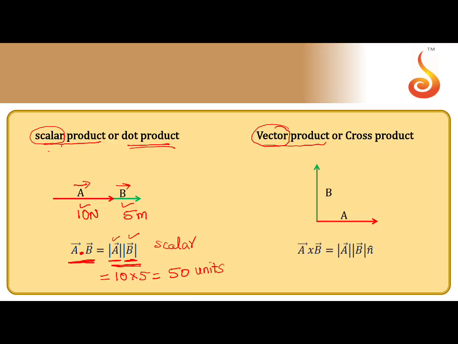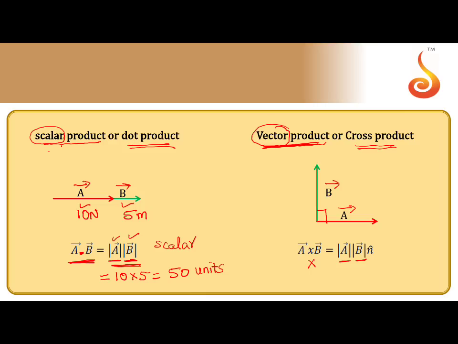Now let us consider vector product. Let us consider two vectors A and B. You observe they are perpendicular to each other. The product of the magnitudes of two such vectors which are perpendicular to each other is called the vector product. To represent that product, I am using a cross symbol, hence it is also called the cross product.